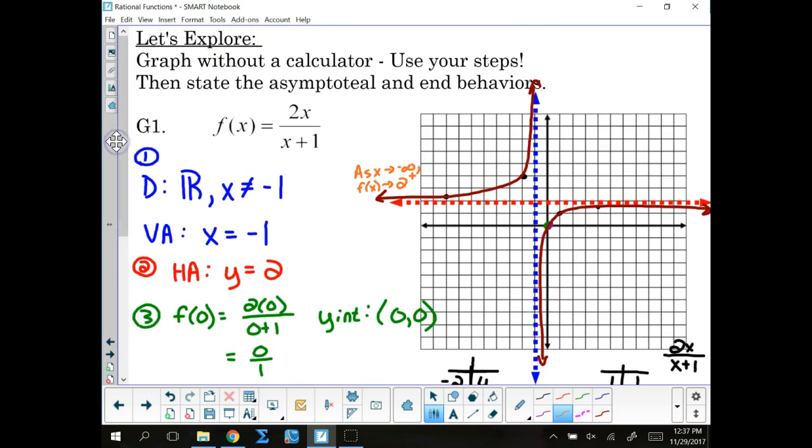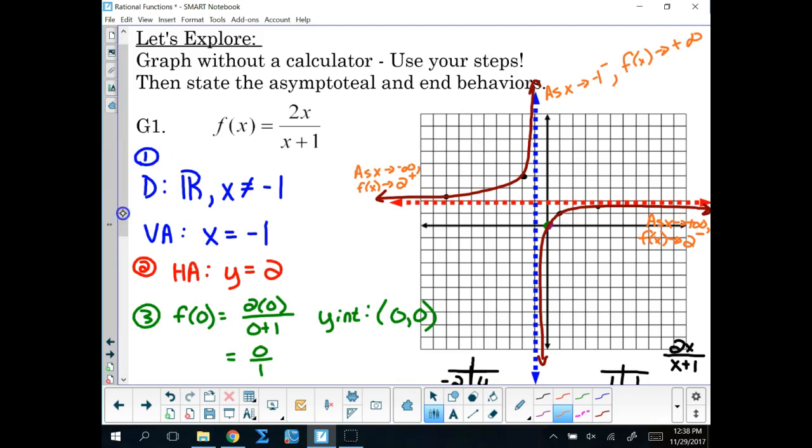This up here is saying that as x approaches negative 1 from the left, our function is going to positive infinity. This over here is saying that as x is going to positive infinity, our function is going to 2 from below.